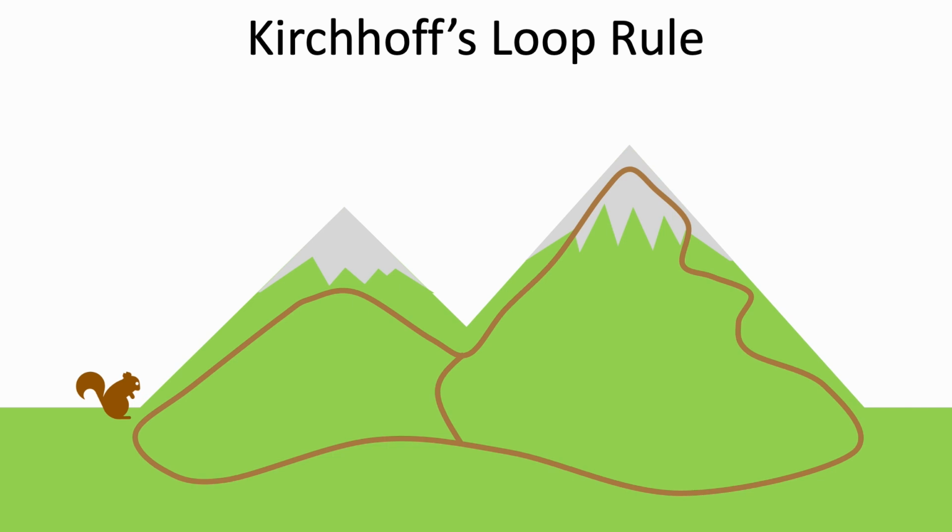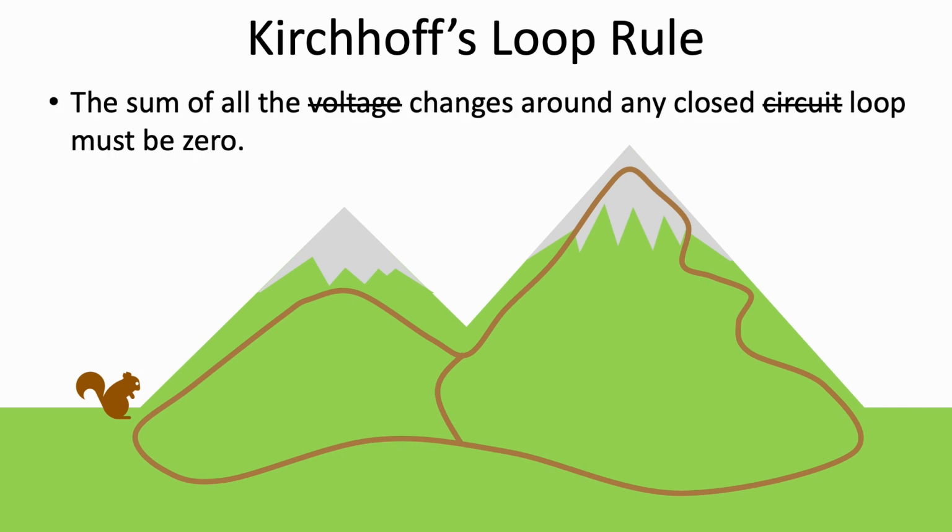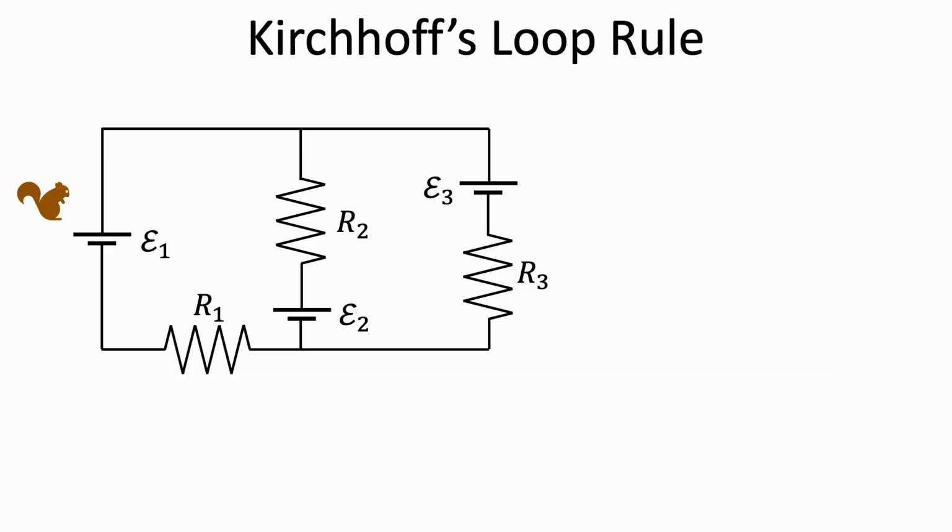We can rephrase this idea as the sum of all the elevation changes around any closed hiking loop must be zero. Kirchhoff's loop rule is essentially based on the same idea. If I imagine going around a closed loop in a circuit, the sum of all the voltage changes, which is analogous to elevation changes, must be zero.